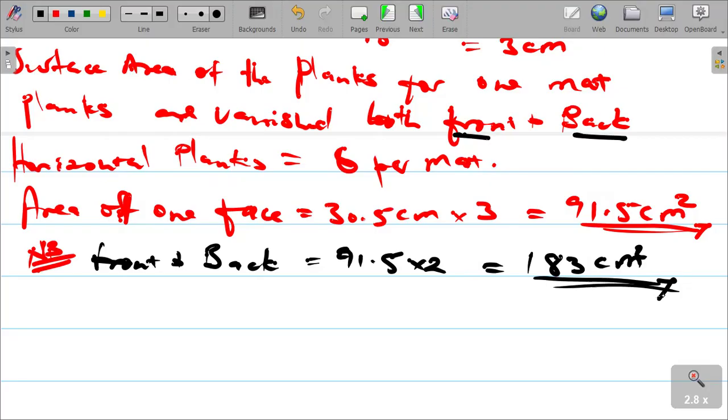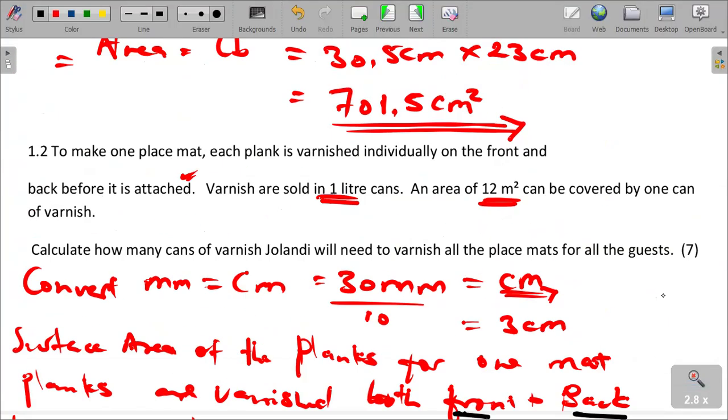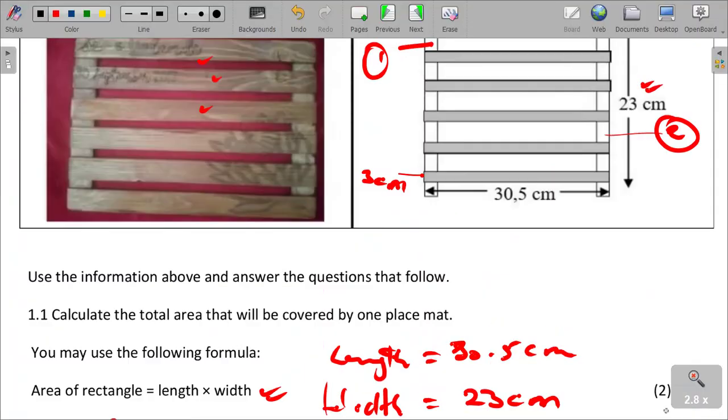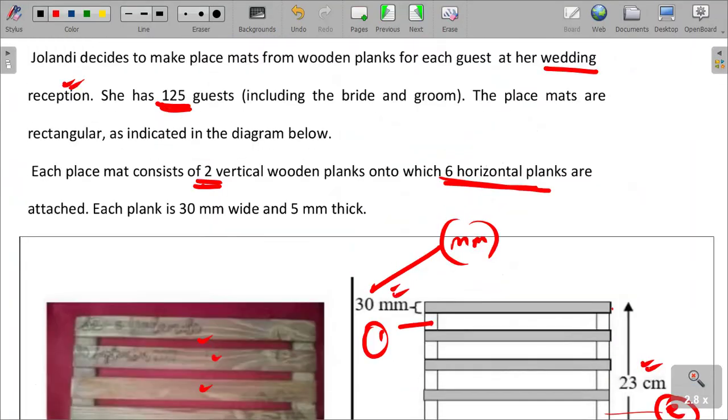Now, it is given in this question that 6 horizontal planks are used for each mat, which consists of 2 vertical wooden planks onto which 6 horizontal planks are attached.